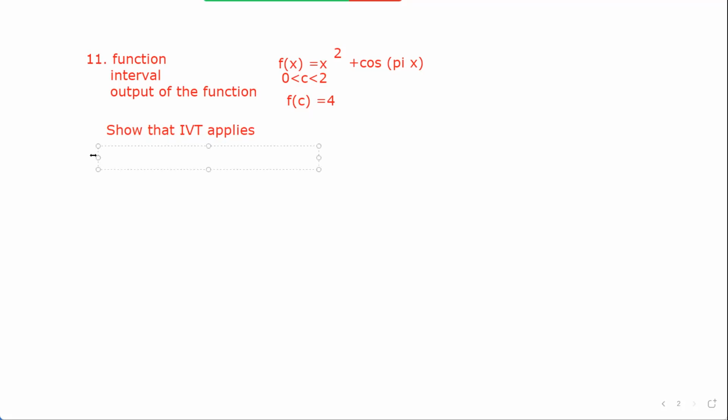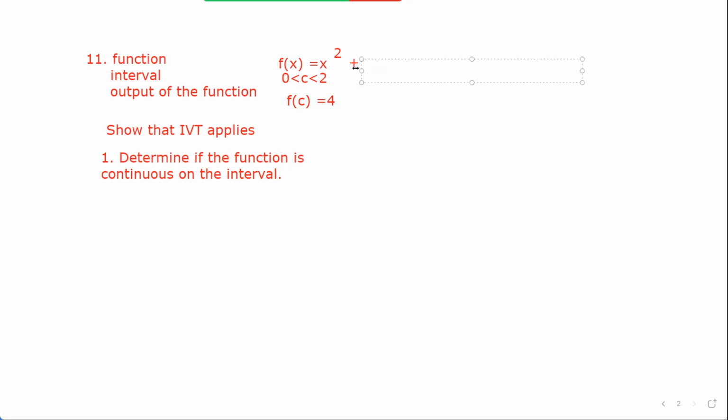That means that the first thing I have to do is determine if the function is continuous on the interval. That's the first thing. So I've got this x squared, and this cosine pi x function, on the interval between 0 and 2.